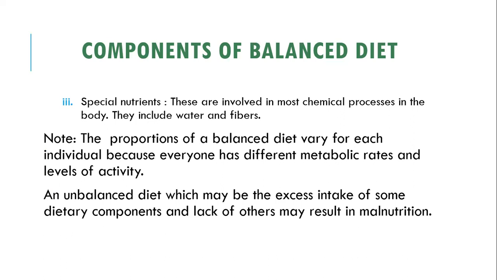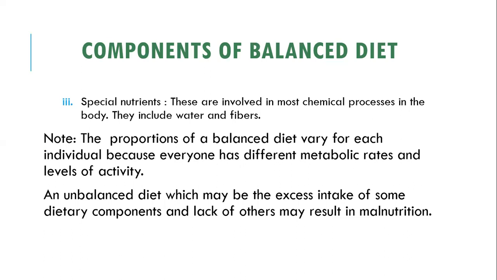Now you have to note that the proportions of the balanced diet vary for each individual because everyone has different metabolic rates and levels of activity. Due to these factors, the proportions of a balanced diet can vary from one individual to another.